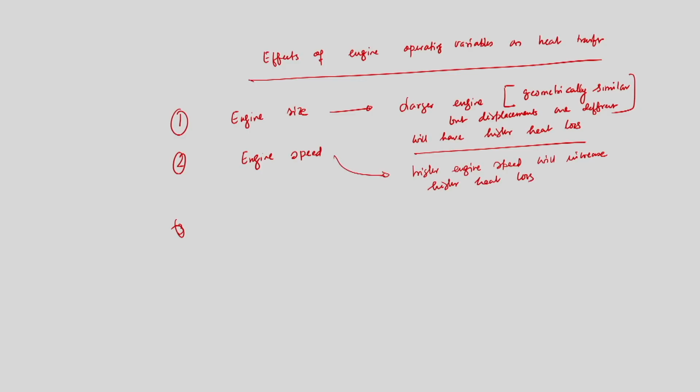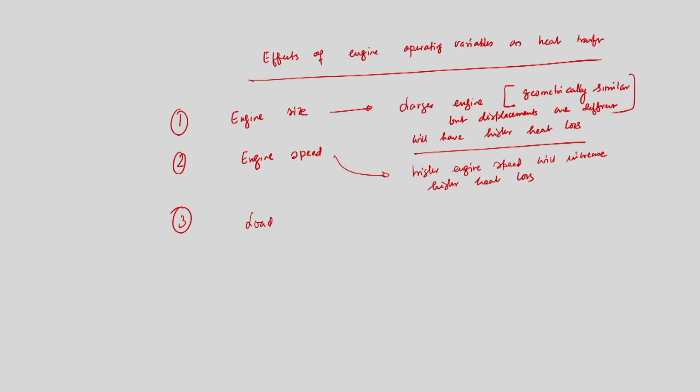Number 3, also very important, is load. As the load of the engine is increased, like going uphill or pulling a trailer, the throttle must be opened further to keep engine speed constant. That means the throttle area must be opened to maintain the speed.